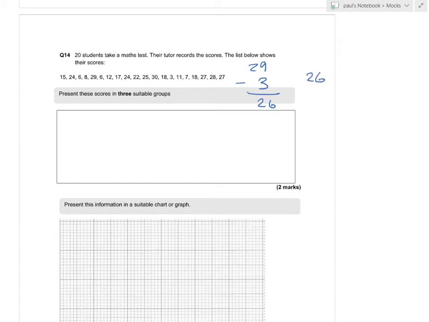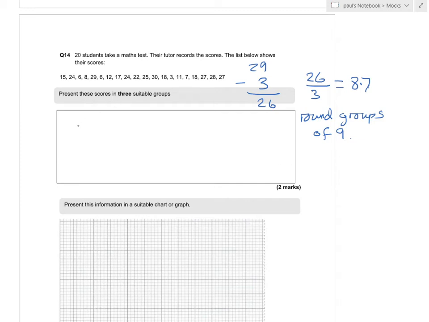Now we're going to put that range into 3 groups. So divide that by 3, and 3 eights are 24, and 2 over, it's about 8.7. So we'll round to groups of 9.